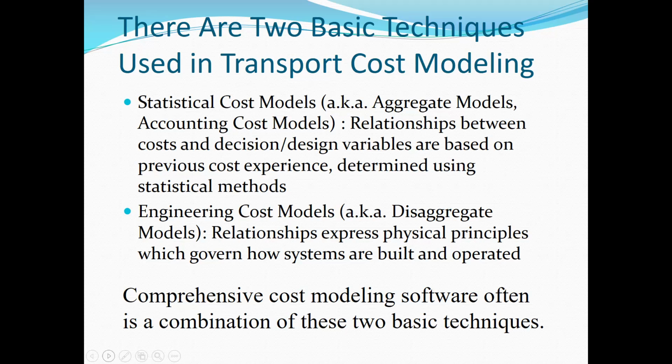It's okay to rely on a statistical cost model for what you're doing, because you're submitting a grant application at this point, so some semblance of statistical cost is okay, because it's an accounting cost model.